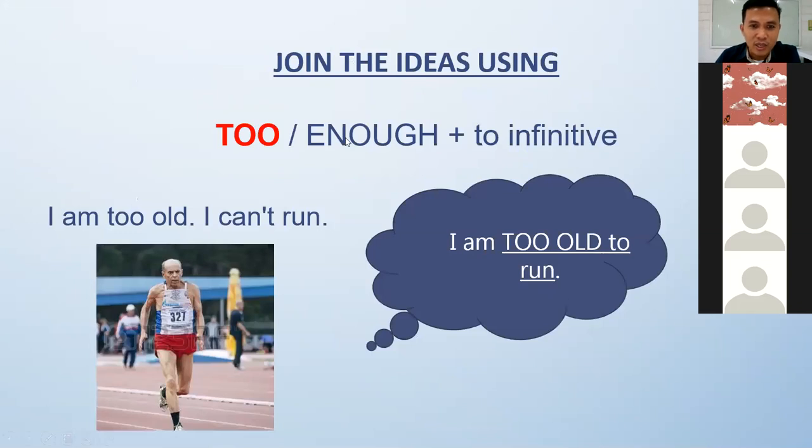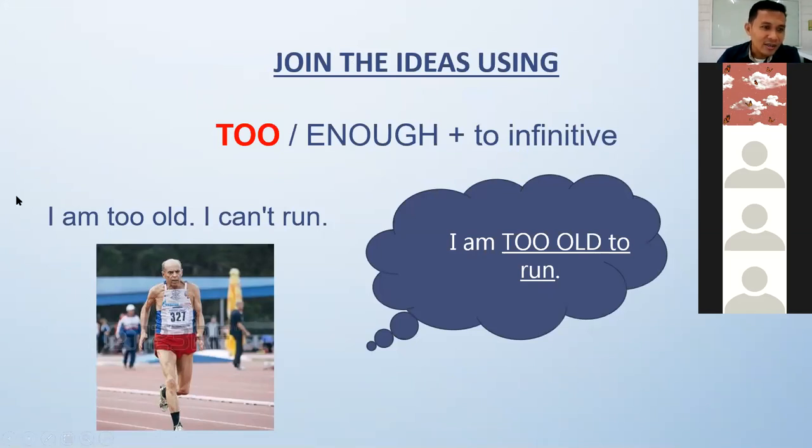Okay, too plus to infinitive. You have to join these ideas using too, or you just use too plus to infinitive. So we have to join these two sentences, two ideas. Yeah, look at the man. Old man or not? Yes, he is an old man, right?